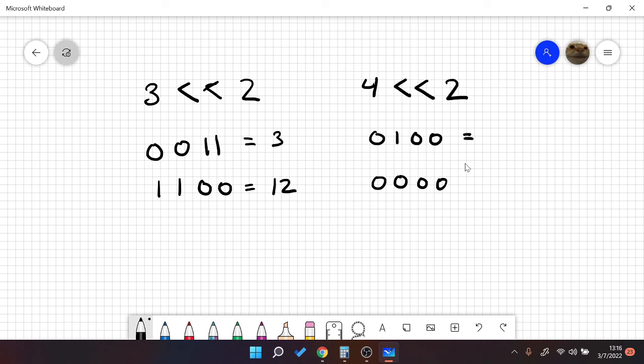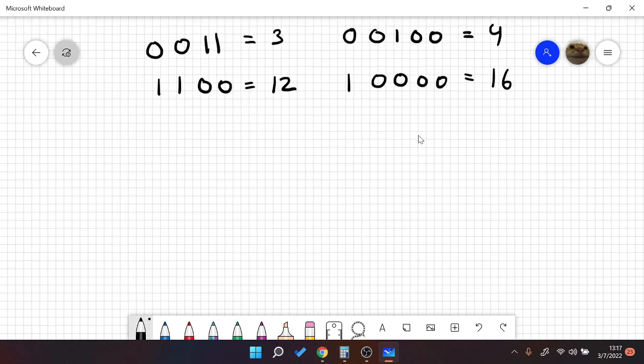The reason for this is a term that you may have heard of before called overflow. If we were to do 4 times 2 for one shift and then times 2 for another shift, we would get 16. And 16 is greater than our range of bits for a 4-bit number. But let's say we had a 5-bit number. Then we would be able to shift this number twice, and we would get this, which is equal to 16.